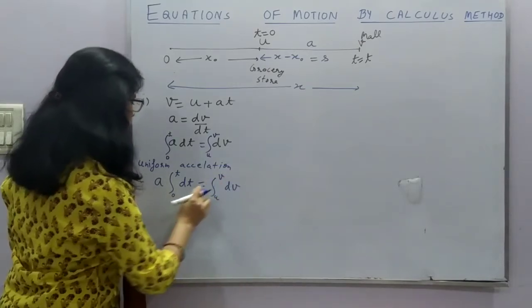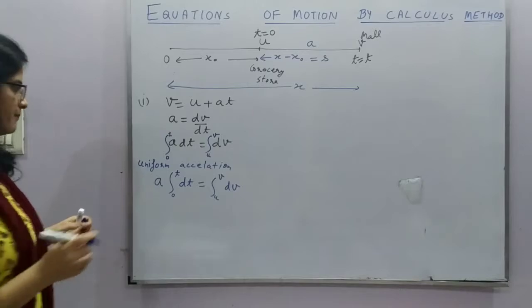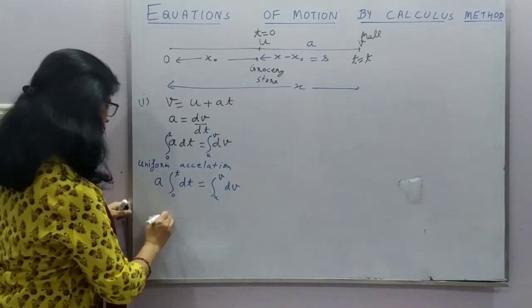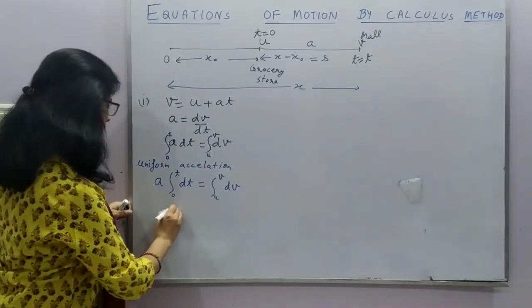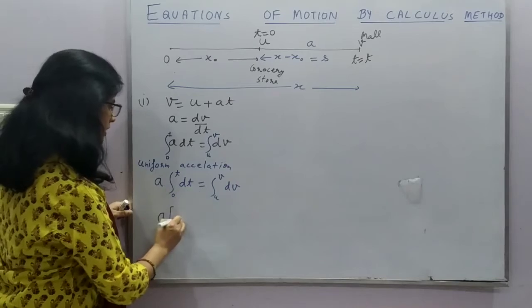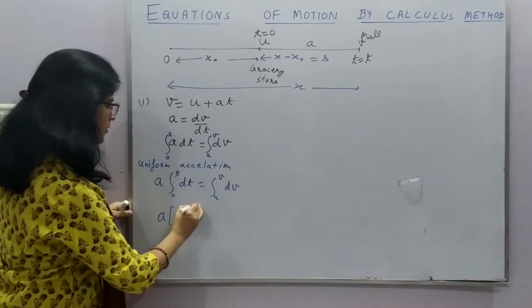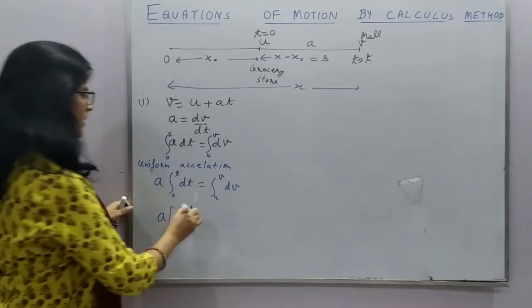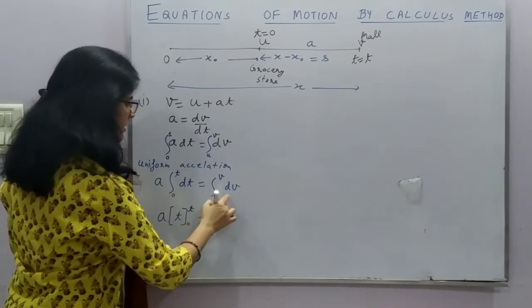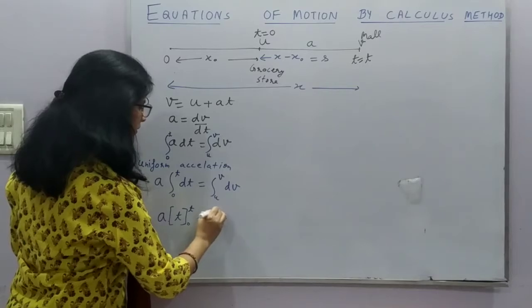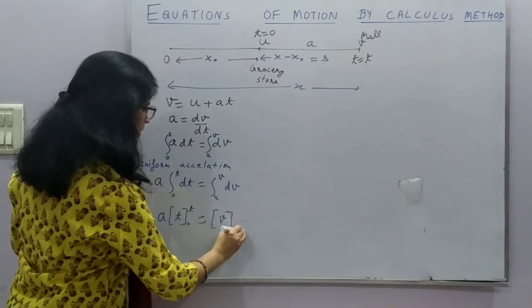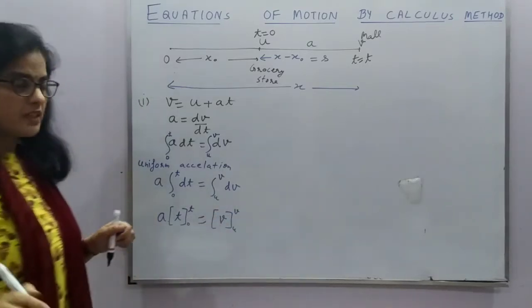Right? Now we know what is the integration of dt. So a is a constant which will remain as it is. What is the integration of dt? Integration of dt is t. Now this is the lower limit, this is the upper limit, and here on right side integration of dv is v, and upper limit is v and lower limit is u.